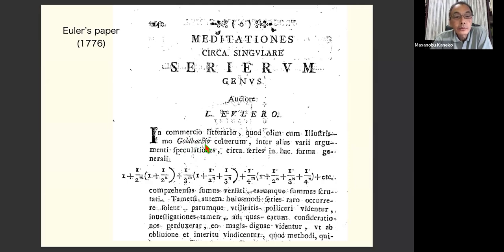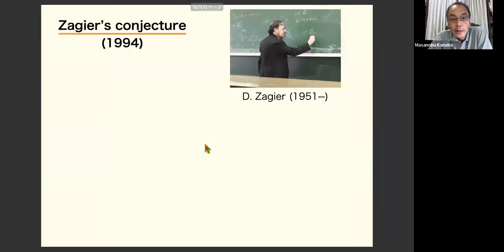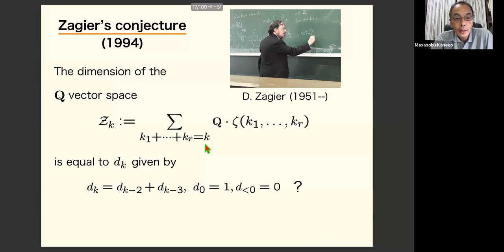All right, this is just history, but modern research was explored around the 1990s, and a great source of inspiration was Don Zagier's conjecture made in 1994.